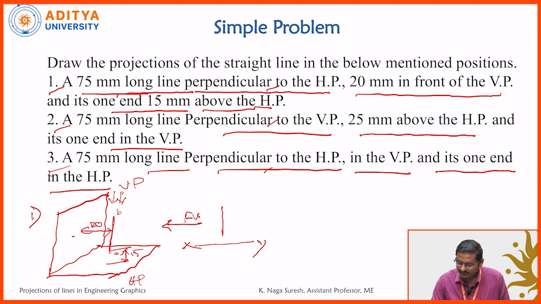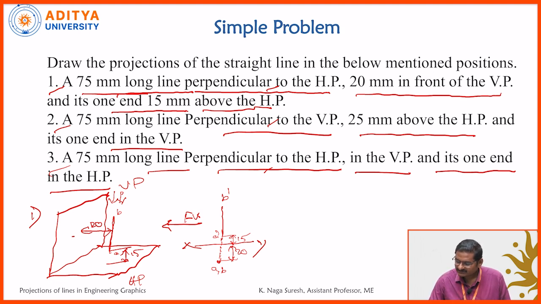This distance is 15, A dash, B dash. And in the top view it appears like a point, A comma B, and this distance is 20. So this is the answer for the first one.